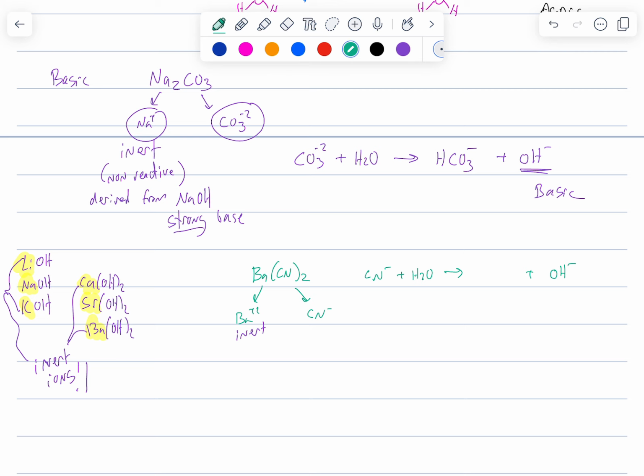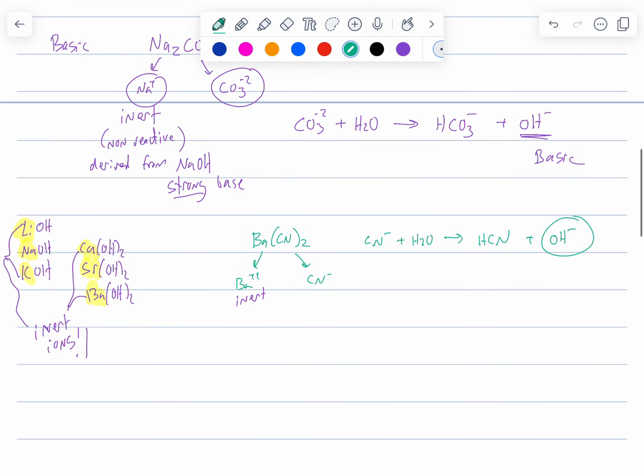So this is what we get. So negative ions are generally basic, except those from strong bases.